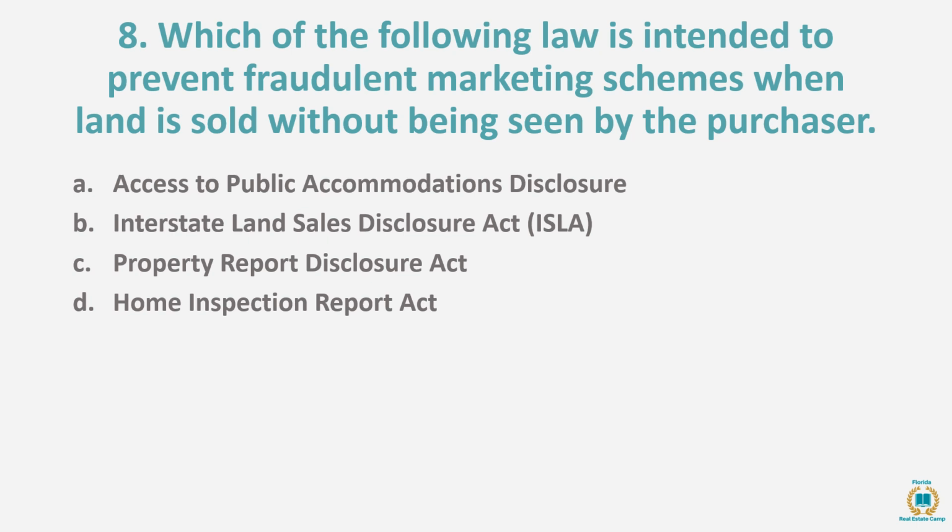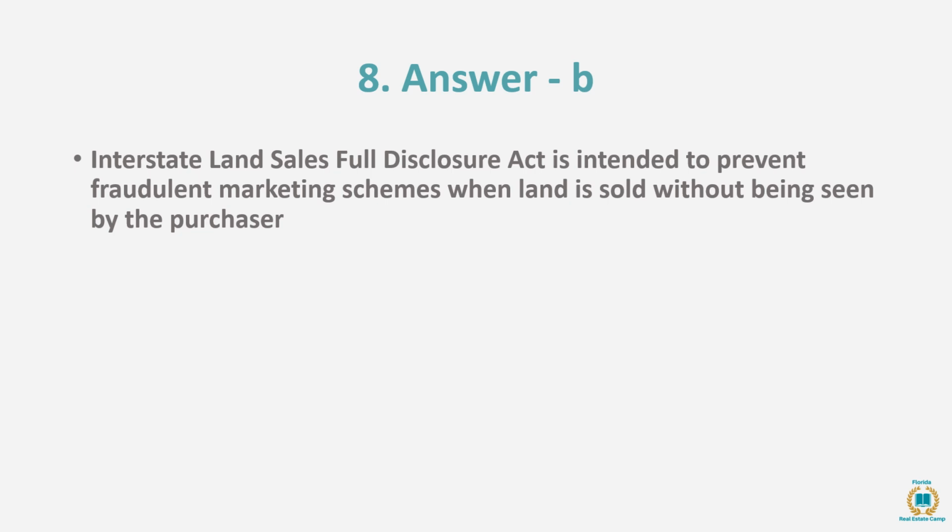C, Property Report Disclosure Act? D, the Home Inspection Report Act? The answer is B. The Interstate Land Sales Full Disclosure Act is intended to prevent fraudulent marketing schemes when land is sold without being seen by the purchaser.